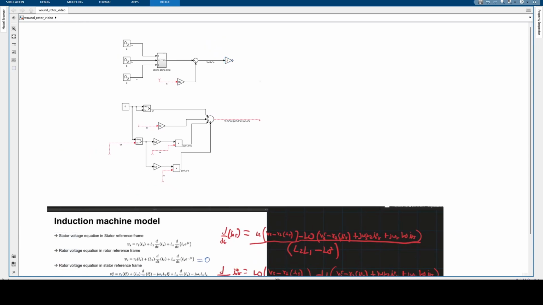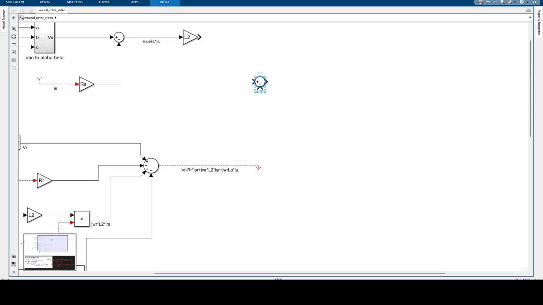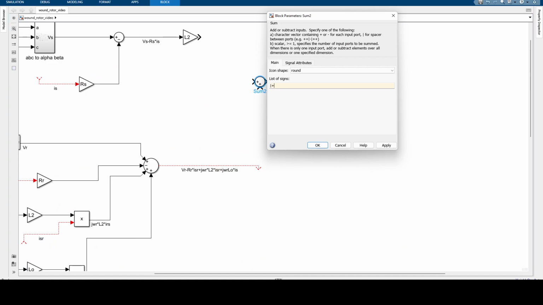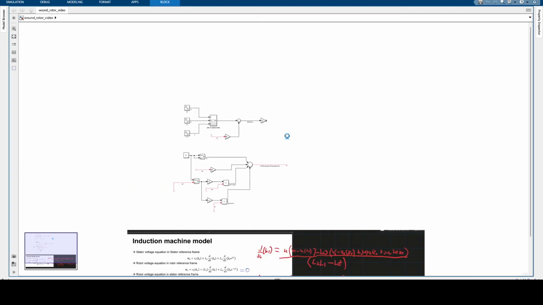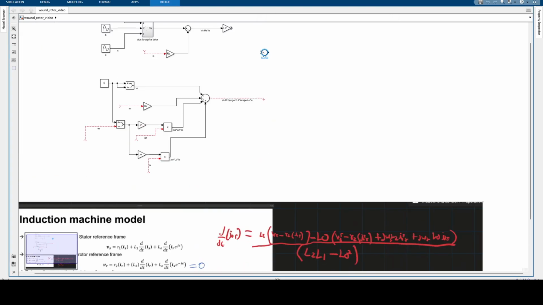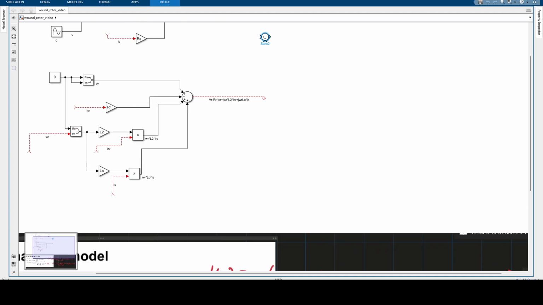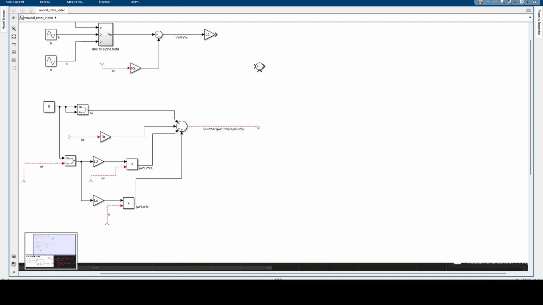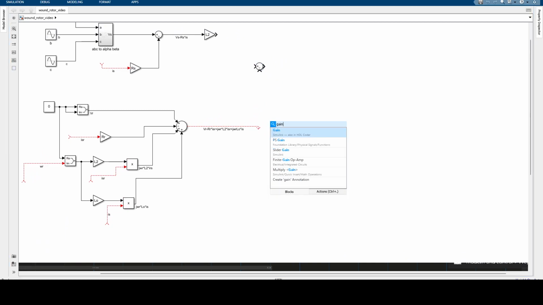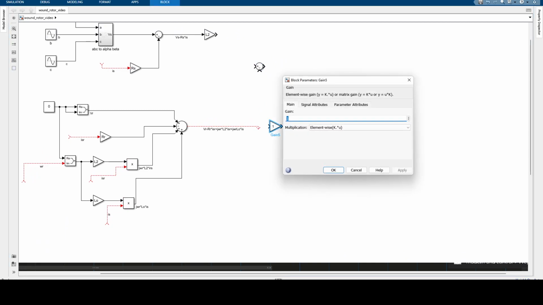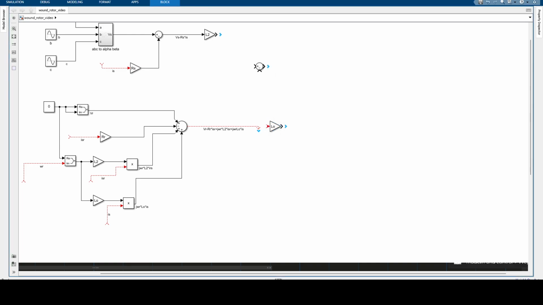And we subtract that. You're going to have minus here. And we subtract it by all of this times L naught. So here we are going to have another gain of L naught. Okay.